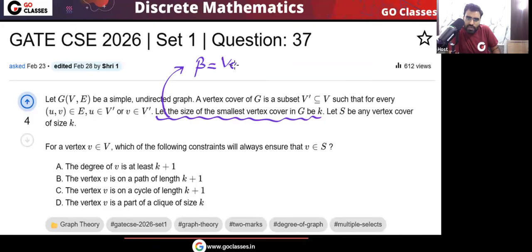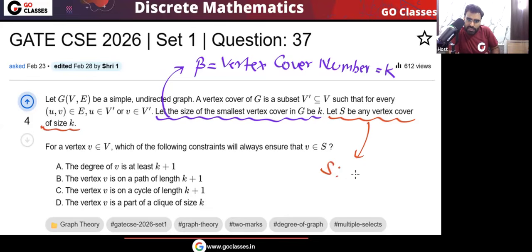What is the vertex cover number? That is the size of the smallest vertex cover. And you can see S is any vertex cover of size k. From here I can say that S is a smallest vertex cover. S can be any smallest vertex cover, remember.